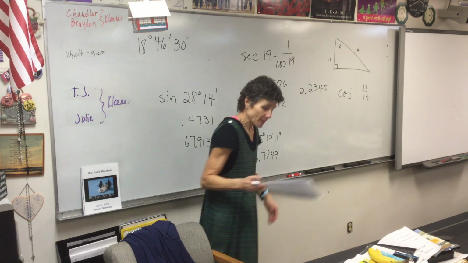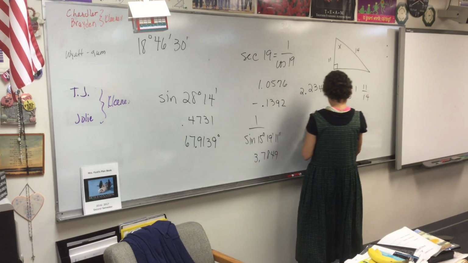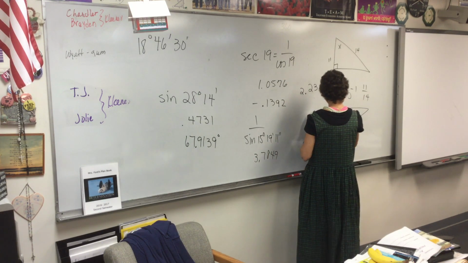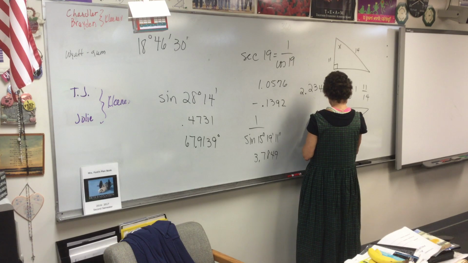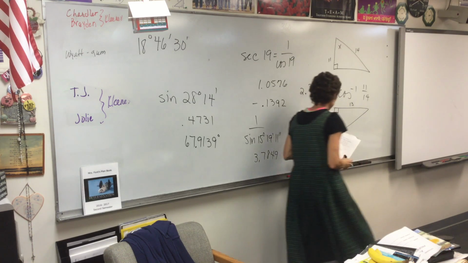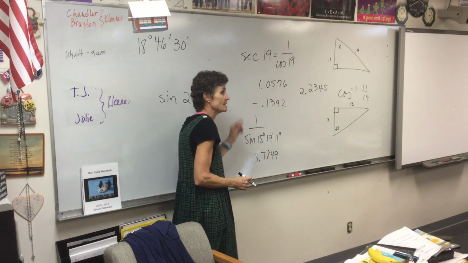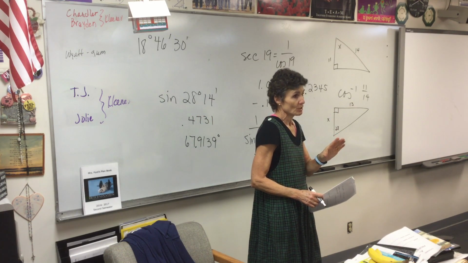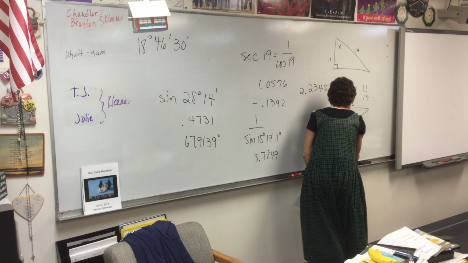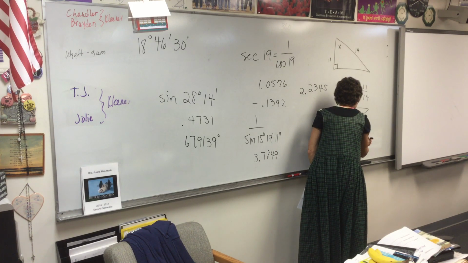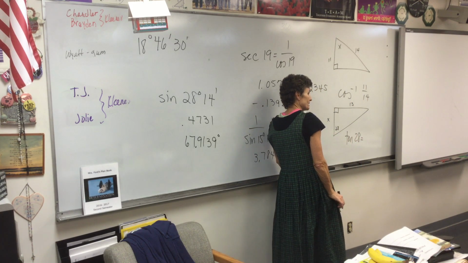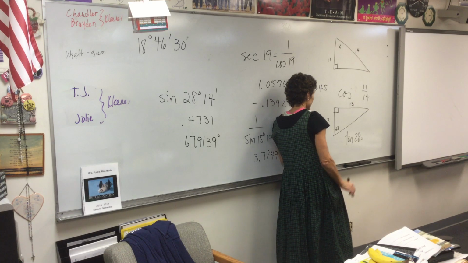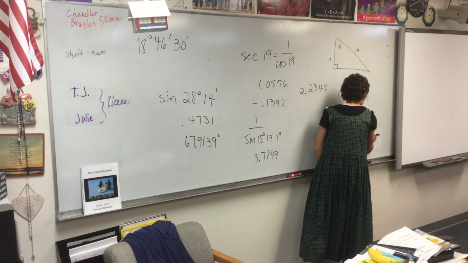Okay. How about the next one now? Look at it carefully. You're going to pick a function. Sine, cosine, or tangent. Which one is appropriate here? Tangent. Now, second tangent or regular tangent? Regular tangent. Remember, the angle always goes with the tangent, sine or cosine. So tangent 28 equals 13 over x.